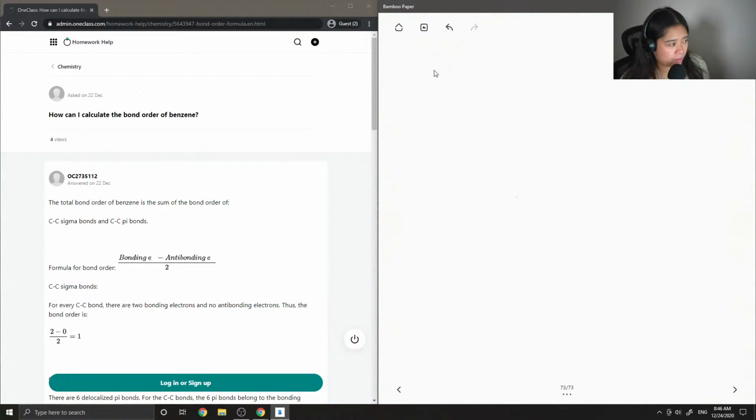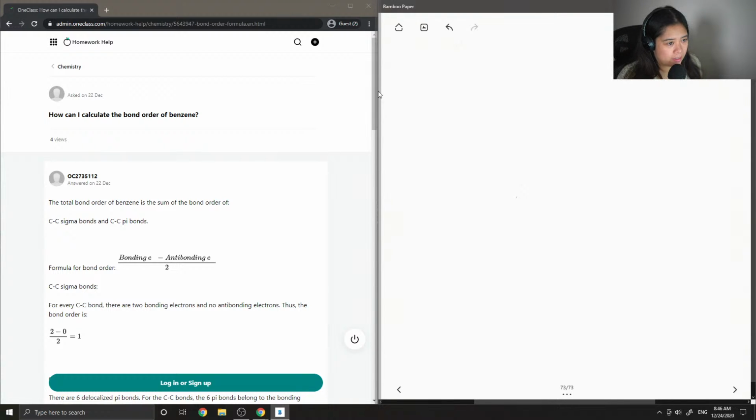Question 1 asks, how can I calculate the bond order of benzene? First I'll draw out the benzene molecule. It is a 6-membered carbon ring, and it is also aromatic.